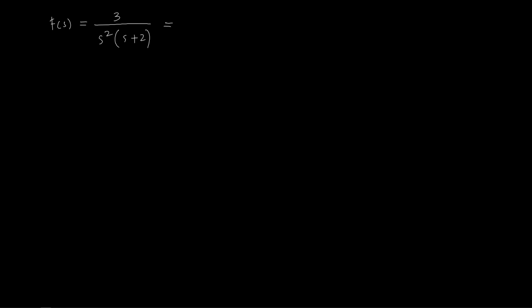It's mixed. So, we have the decomposition, A over S plus B over S squared, plus C over S plus 2. Then, multiply everything by S squared times S plus 2 and cancel out.